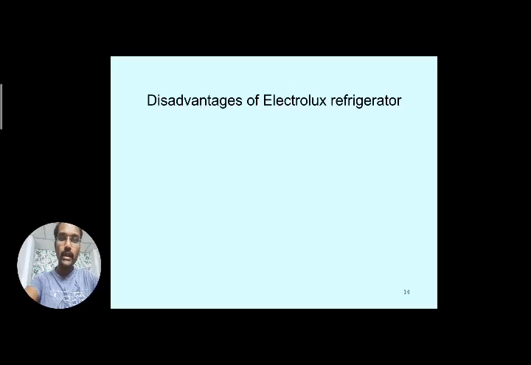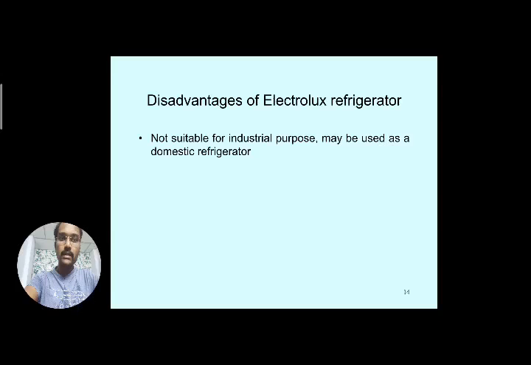So those are the advantages you have already seen. And next, coming to disadvantages, it is not suitable for industrial purposes. It may be used for domestic purposes, as already told, mostly domestic usage. Why?